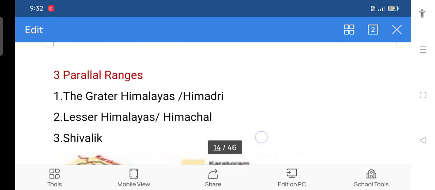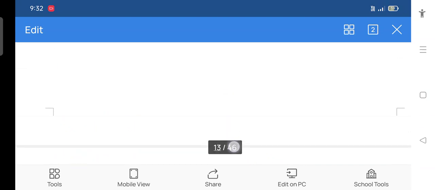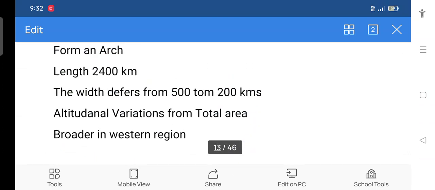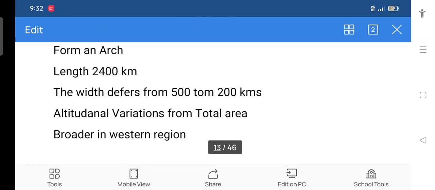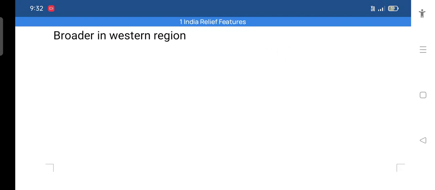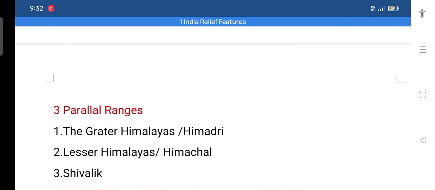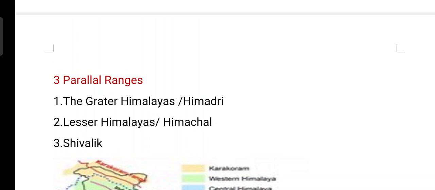The length of the Himalayas is 2400 kilometers, and the width is 500 kilometers in the western side and 200 kilometers in the eastern side. They also have altitudinal variations. The Himalayas are mainly divided into three parallel ranges. First one, the Greater Himalayas or Himadri.